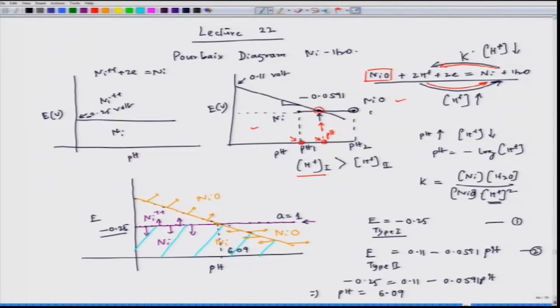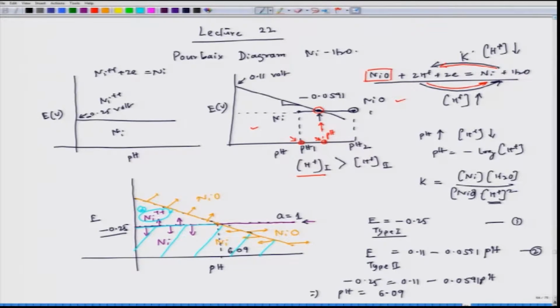But if we consider this zone, on top of this particular line, we see that Ni plus plus is stable, and below this line we should see Ni, but actually the Ni plus plus stability line indicates that this region should be Ni plus plus.